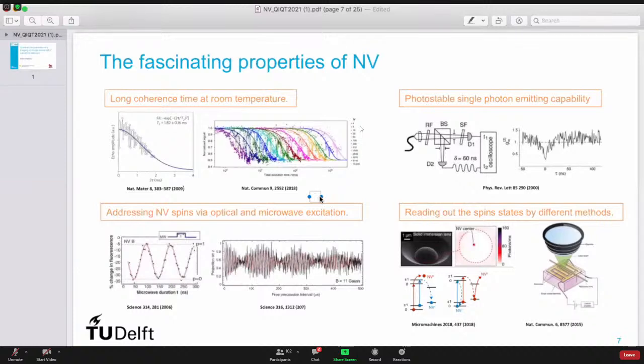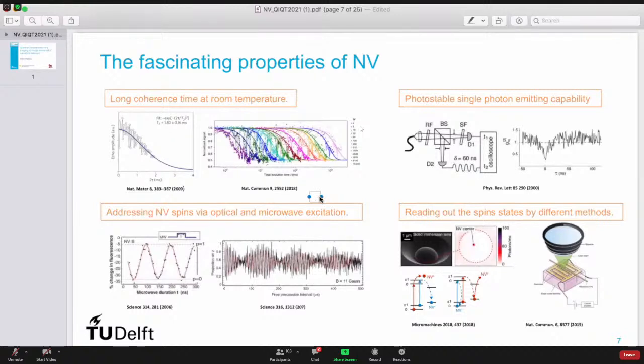Then, by a top-down fabrication method, a hemisphere is etched such that the NV center sits at the base of the hemisphere, at the center. Then when the fluorescence comes from this NV center, more fluorescence is confined in the solid angle than what we would have got if it were a flat surface. So this is how the collection efficiency is enhanced significantly.